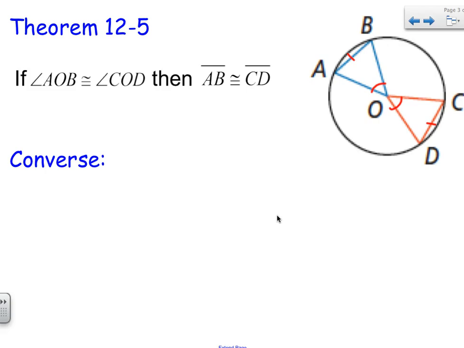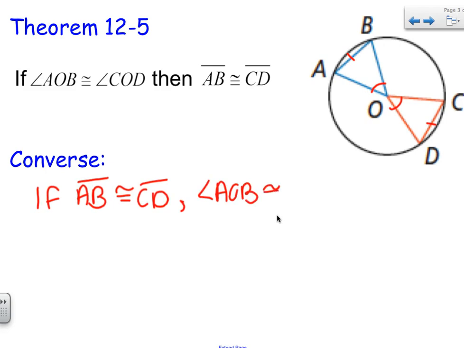The converse of that is if AB is congruent to CD, so if I know my two chords are congruent, I know those interior angles are also going to be congruent. So again, vice versa in that instance.